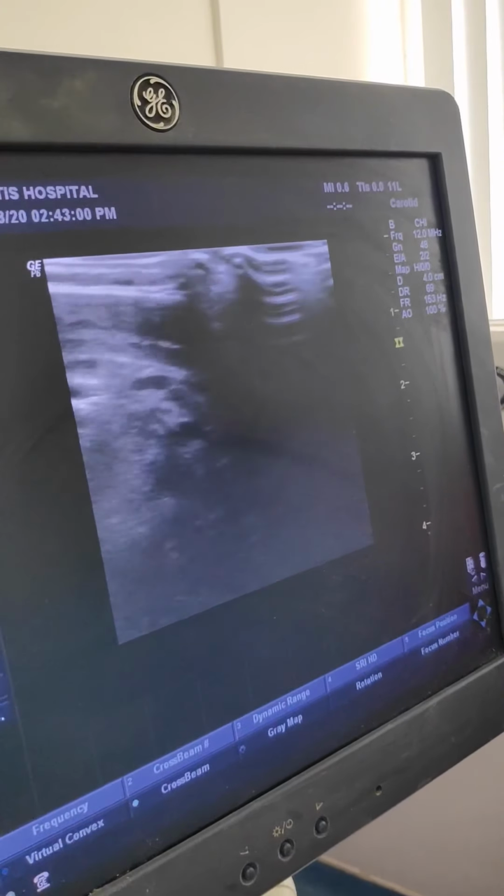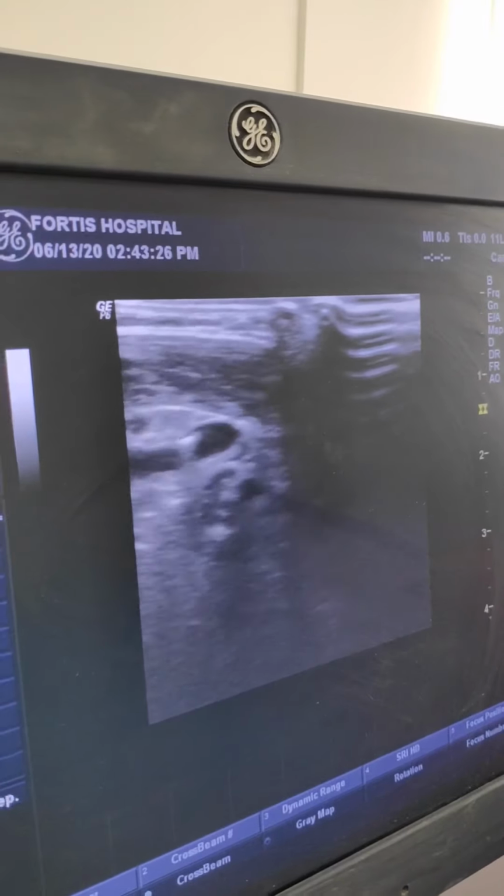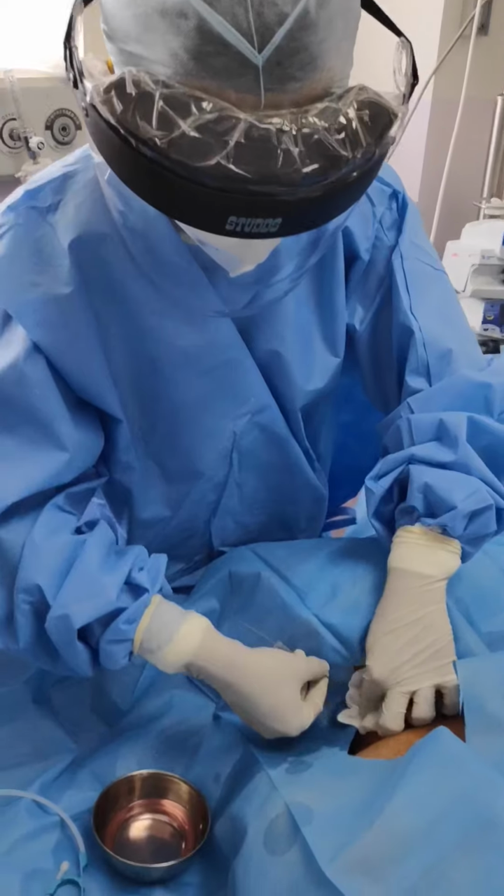Once again checking that the guide wire is inside the vein. Yes, it's there. Taking the needle out.